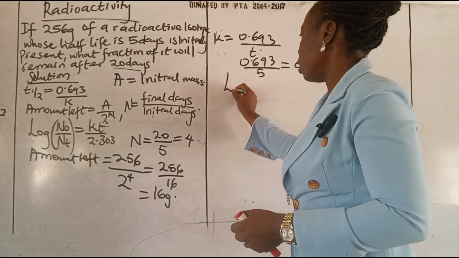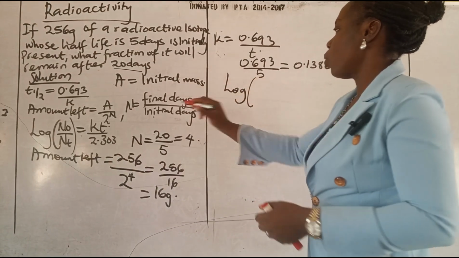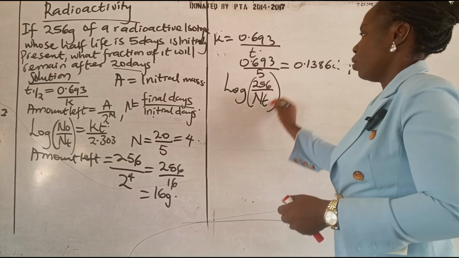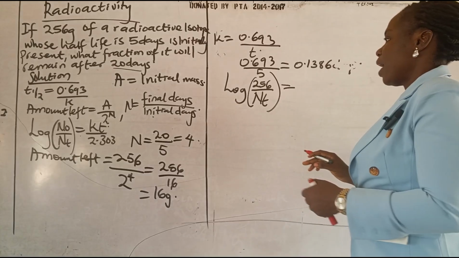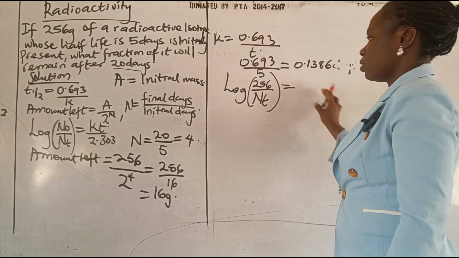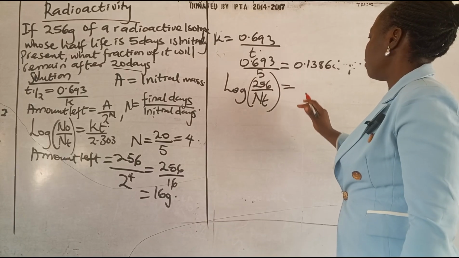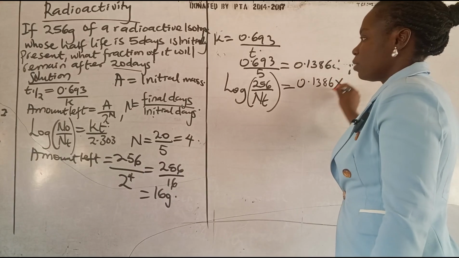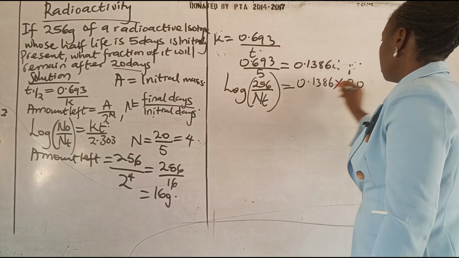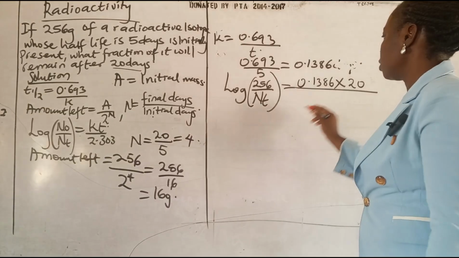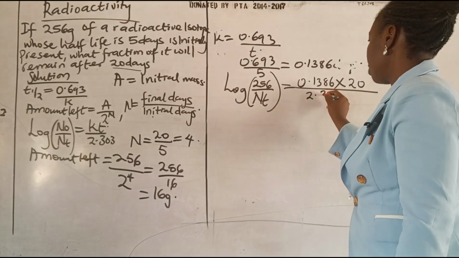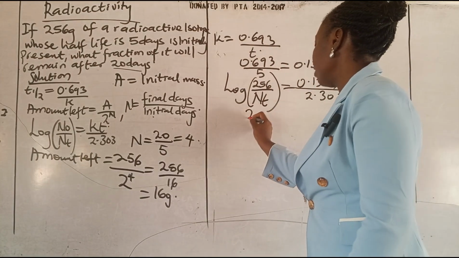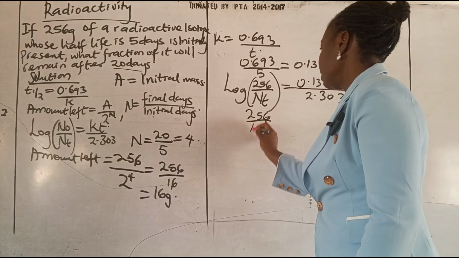Okay, so now let's go to our log. The log of N0, which is 256, divided by Nt, which is what we are looking for, equals K, which is 0.1386, multiplied by the time, which is 20, divided by 2.303.